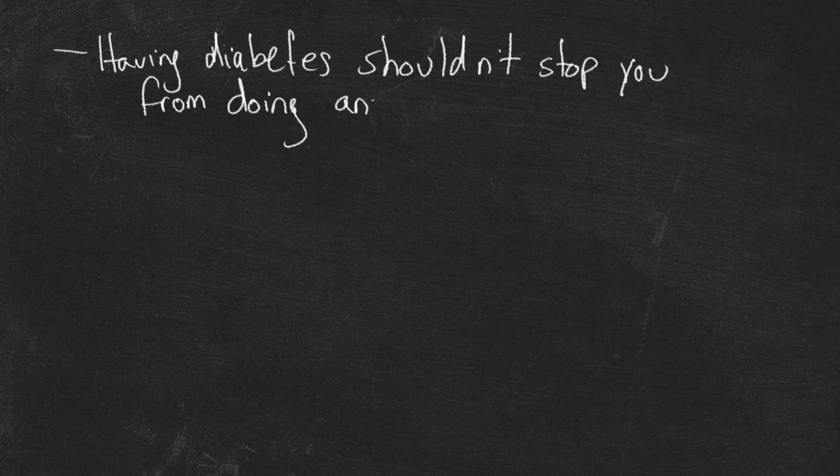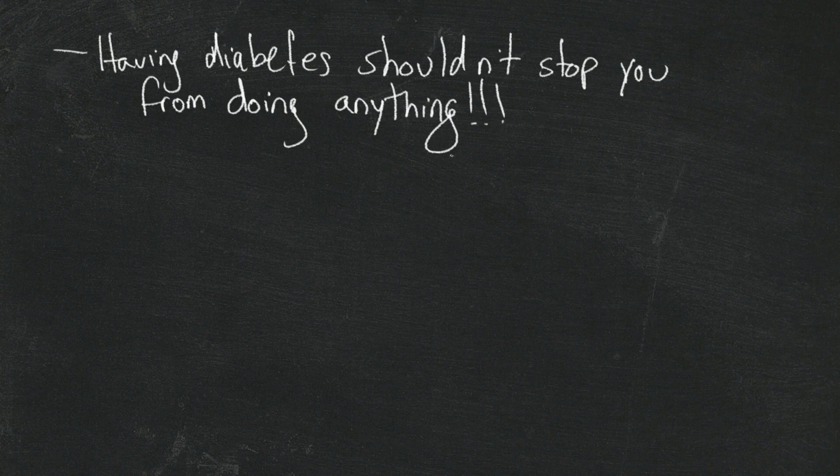If you want to climb Mount Everest, you can. You just have to take your blood sugar meter and your insulin and your carbs with you. If you want to be a Supreme Court justice, you can be one. You just have to know how to manage it.